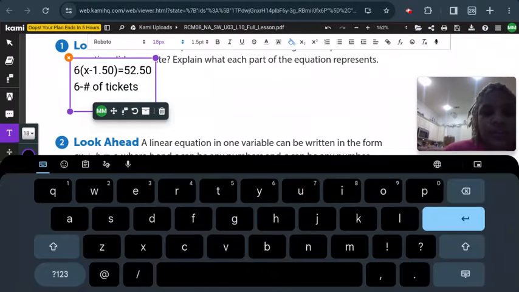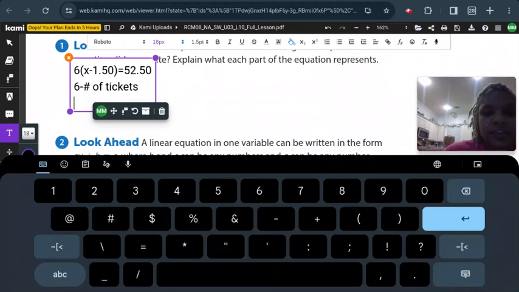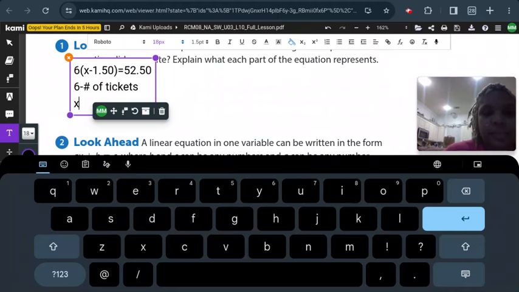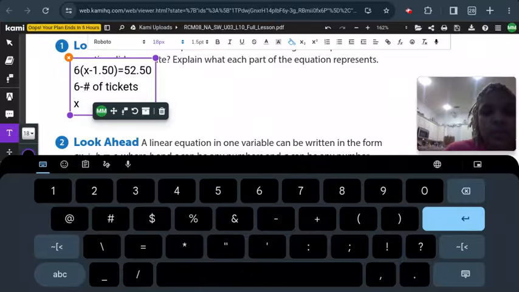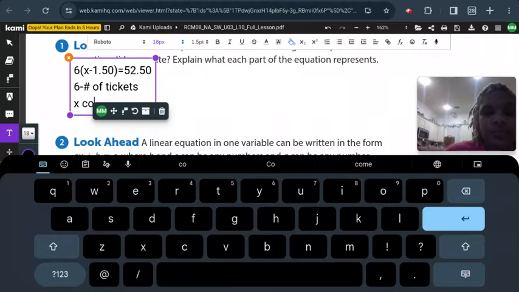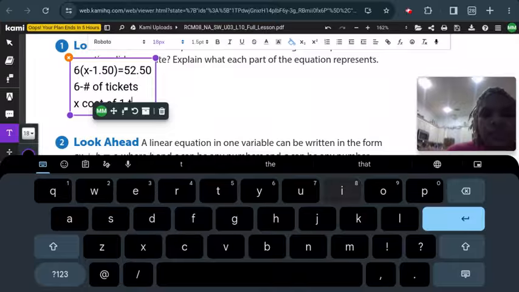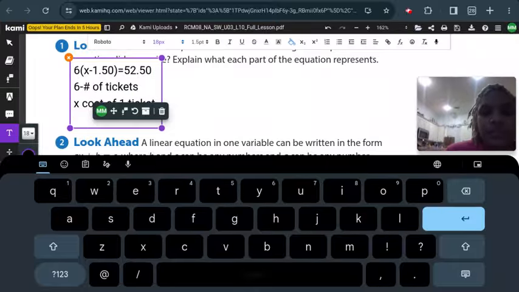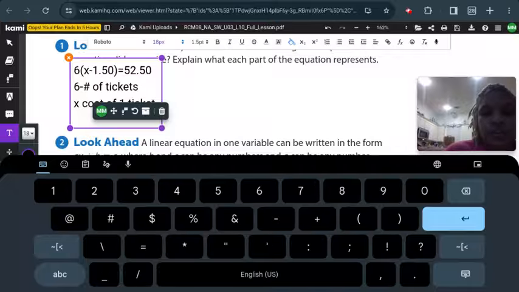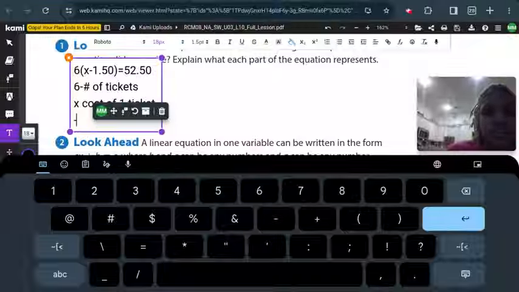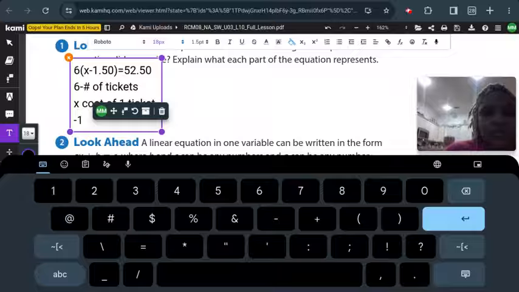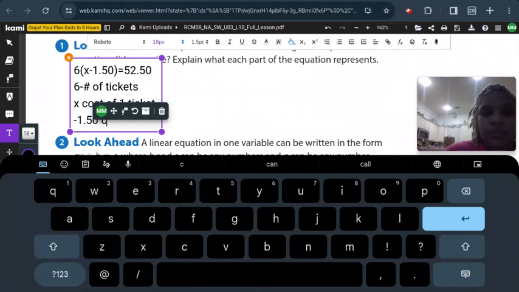We had x, right? x was the cost of one ticket. What else do we have? The 1.50. All right, so we subtracted 1.50. That was the coupon.